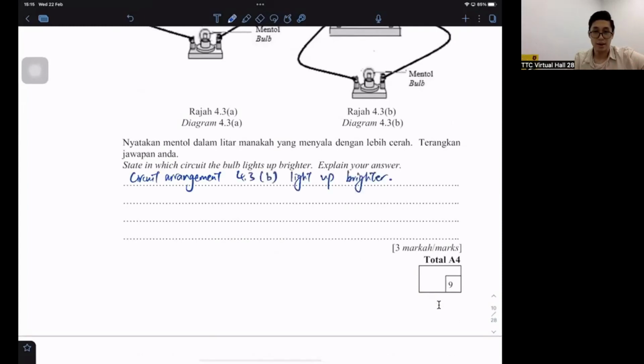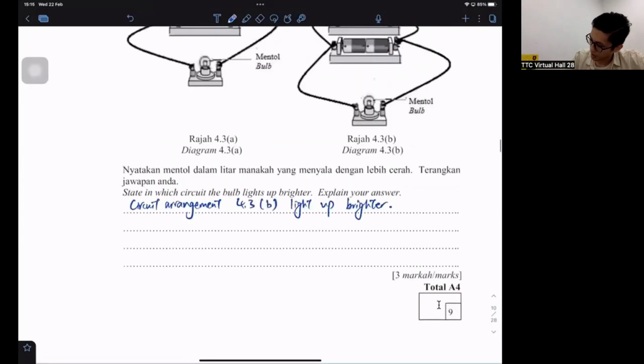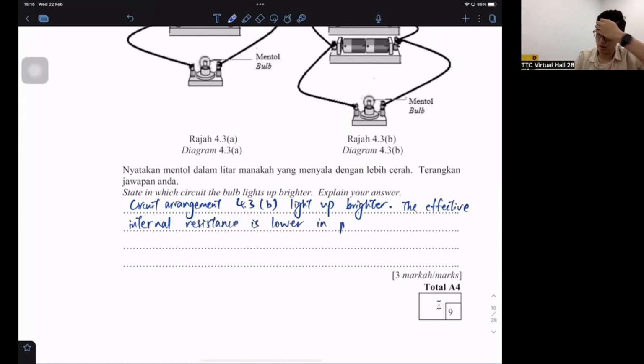Okay, why? Because in the parallel arrangement, you always have lower effective resistance. When anything with resistance is arranged in parallel, the total resistance will be lesser. That's the law, right? So you can say the effective, meaning total, not just resistance, but internal resistance. The effective internal resistance is lower in parallel arrangement.